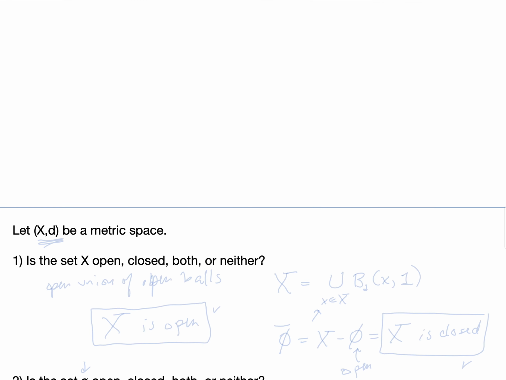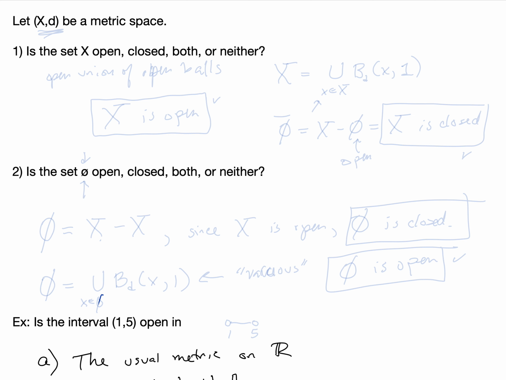All right, so is the whole set open, closed, both or neither, in a metric space? Well, as we said, a set is open if it's a union of open balls in that space. And one way we could think of X is as the union over all x in X of the open ball centered at x with any positive real radius, say 1.